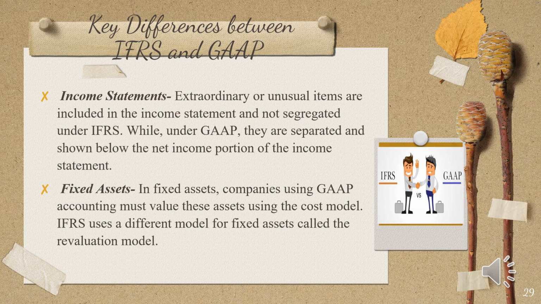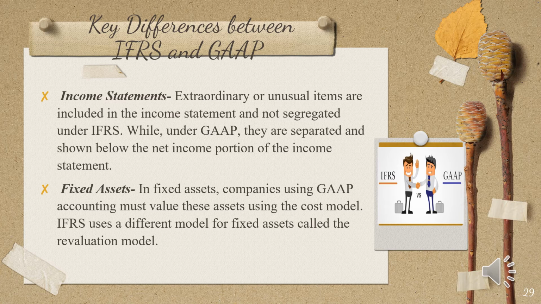Next, income statement. Extraordinary or unusual items are included in the income statements and not segregated under IFRS, while under GAAP, they are separated and shown below the net income portion of the income statements. In GAAP, interest and dividend income and interest expense are reported in the operating section of an indirect method cash flow statement as part of the net income.